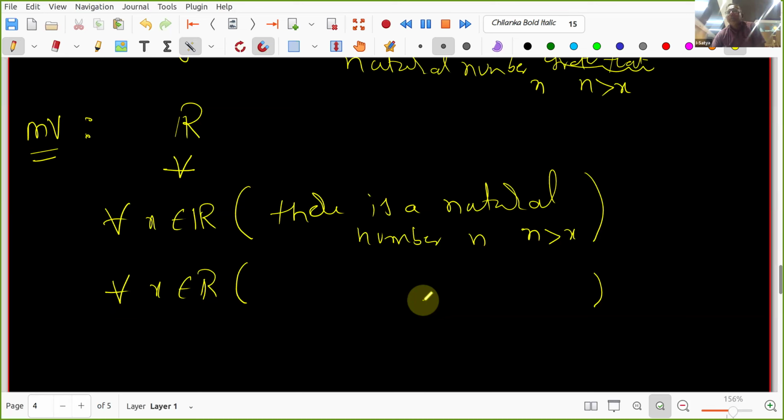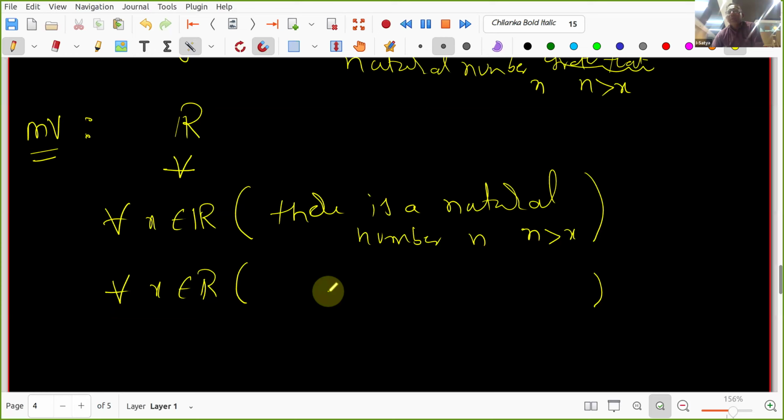Someone from room number 2. The set of natural numbers. Okay. What is the quantifier? For all n? You can mute, please.